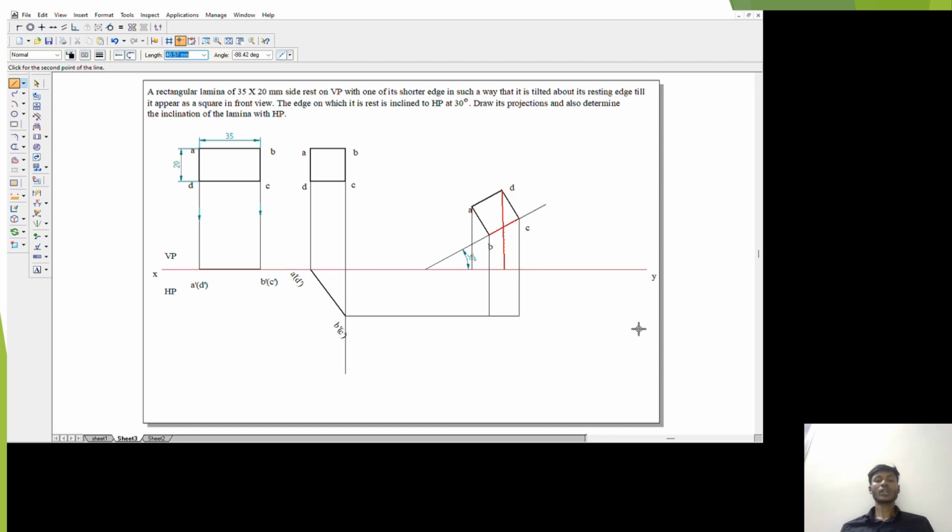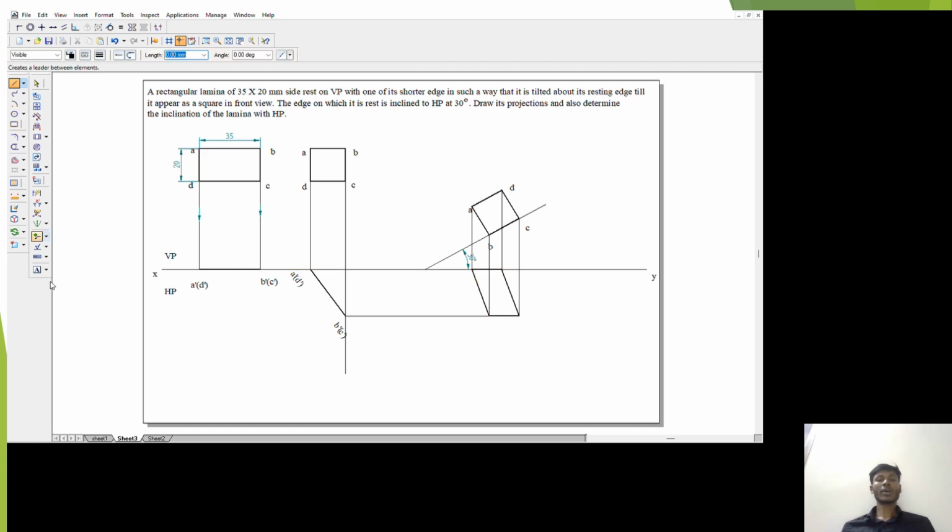Then go to annotation and mark the rectangle as A dash, B dash, C dash and D dash. That's all. Next, go to the next problem.